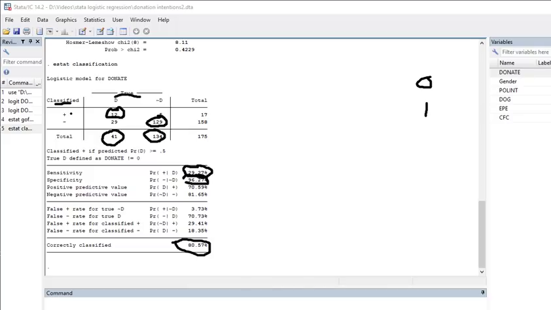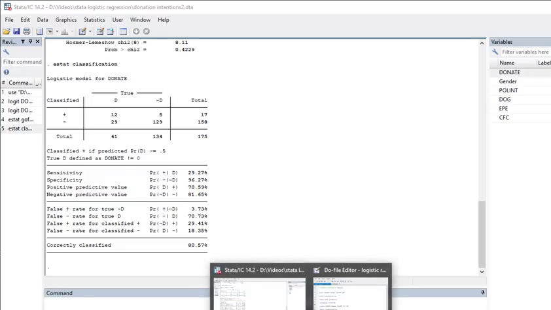But we do a really horrible job of predicting who expresses an intention to donate versus predicting those who express the intention not to donate. So, you can use this information right here as some more information when it comes to making a judgment about the fit of the model.